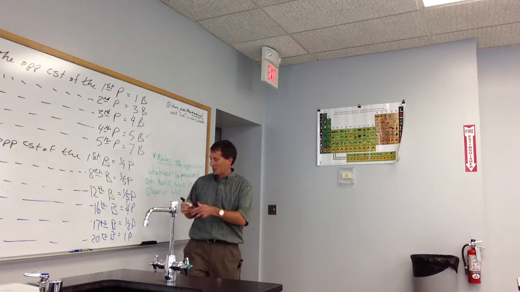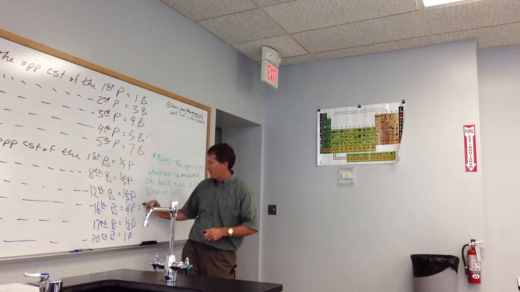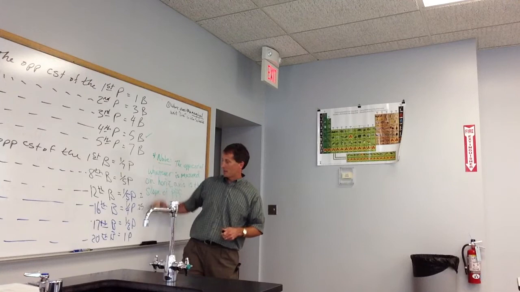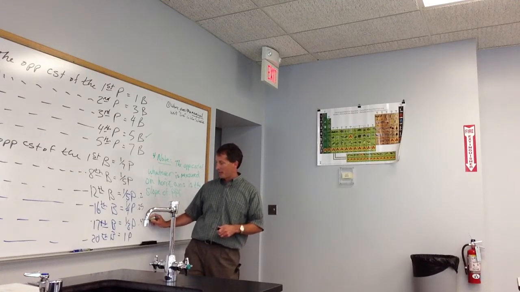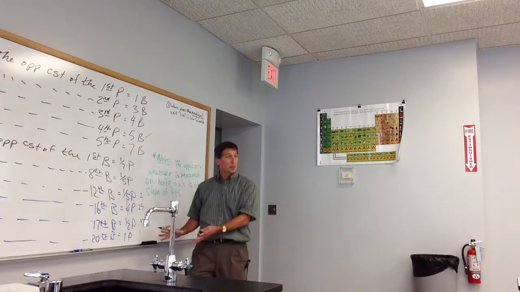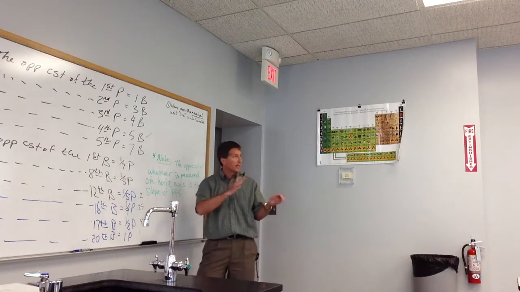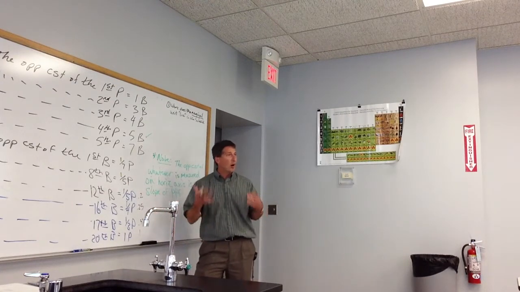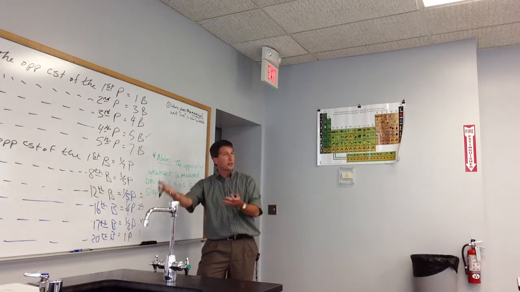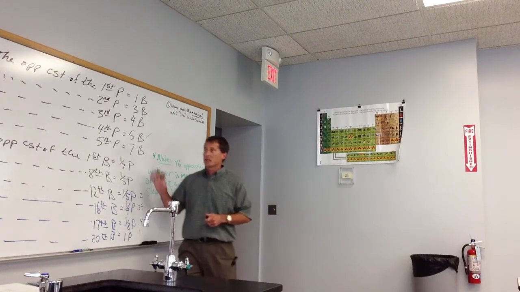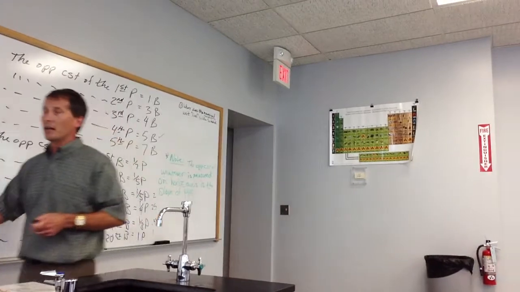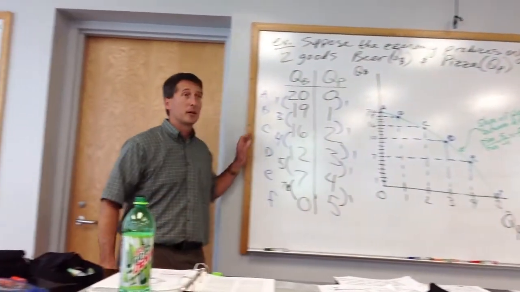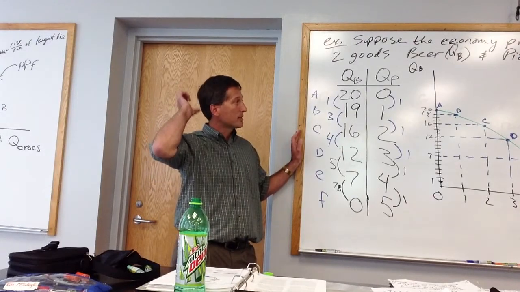But it's 0.25. That's right. And this is something smaller, and this is 0.33, and finally this is 1. So these numbers are getting bigger too as we acquire more. So we got the same result for the other good as well. That's why it's the law of increasing cost. As we produce more and more of one good, the amount of the other good that we have to give up gets bigger and bigger, making it more costly.